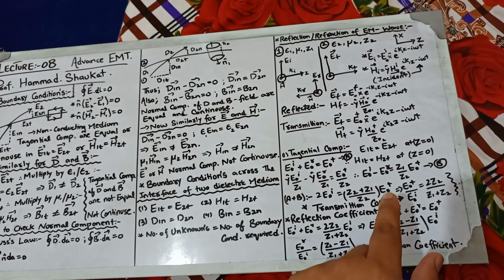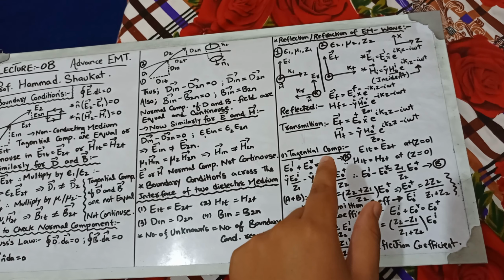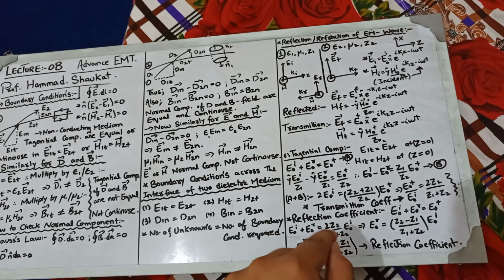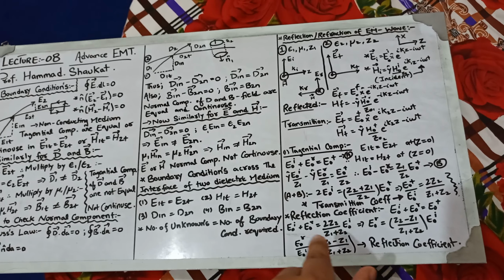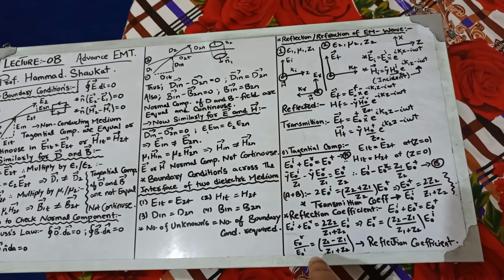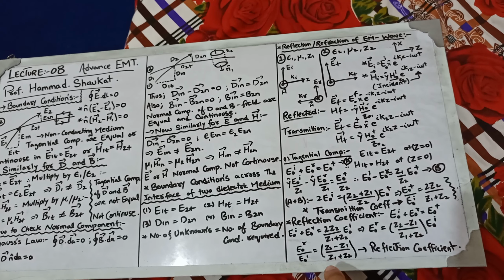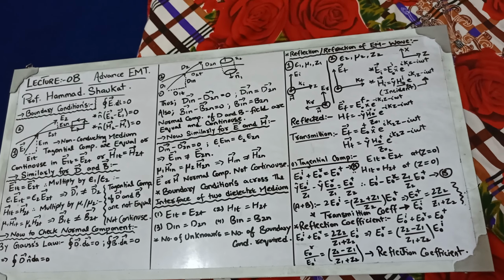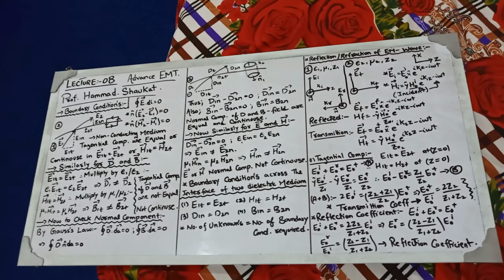I substitute E_0t from this equation into the first equation here. Now I have to solve this equation for E_0r divided by E_0i. After substituting, you will get your final reflection coefficient, which equals Z2 minus Z1 divided by Z1 plus Z2. So this is the reflection coefficient of the electromagnetic wave.